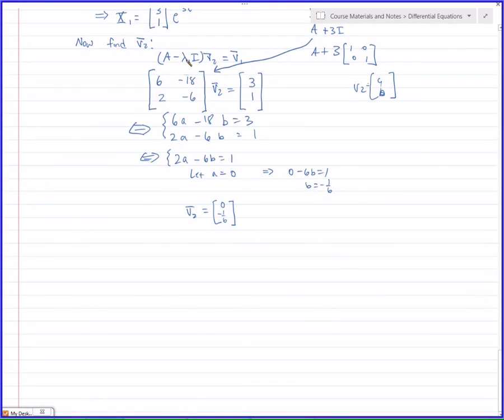So any solution to this equation is now a good choice.